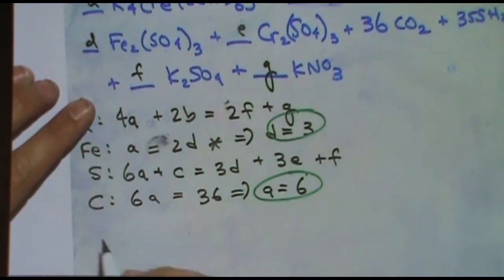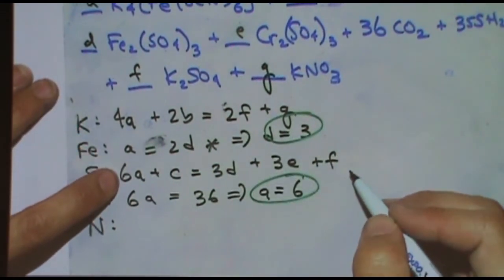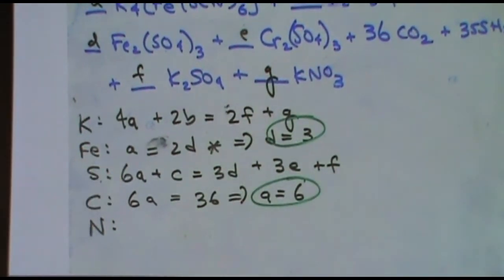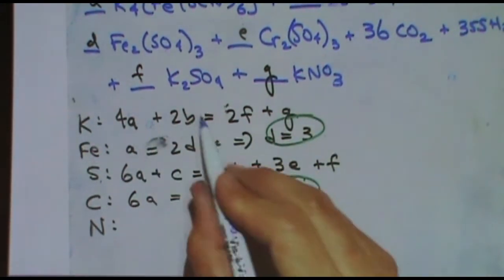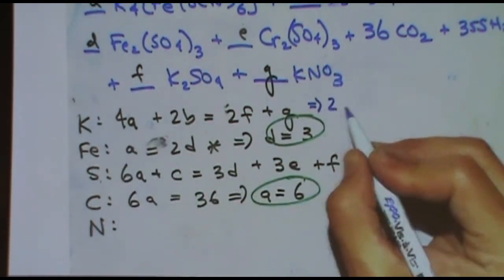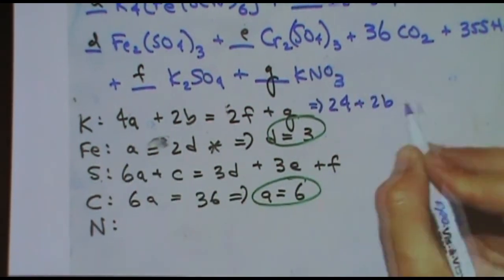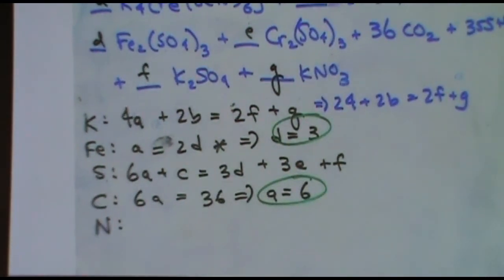Nice. Okay, CN. So then I can simplify these two equations too, by the way. Let's just do that for fun too. A is in here, so this is actually 24 plus 2B equals 2F plus G, because I just put the A in there.